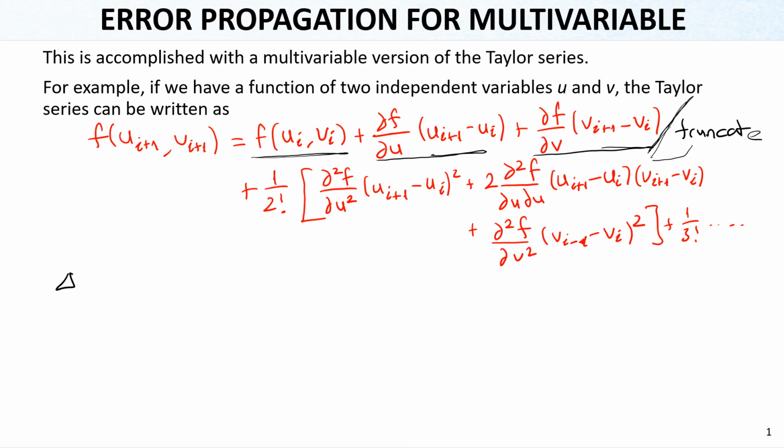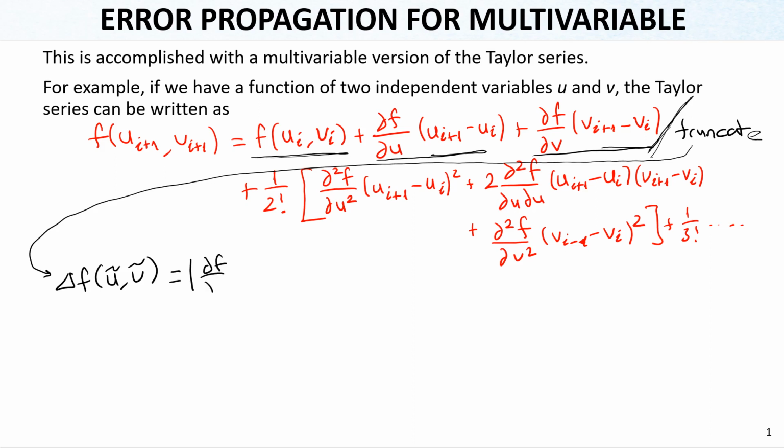So when we make this truncation like this, Δf(u, v) as the prediction is equivalent to ∂f/∂u Δu, these are the step sizes, delta values, plus ∂f/∂v in absolute, Δv step size.